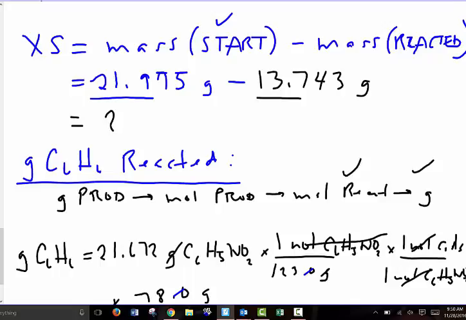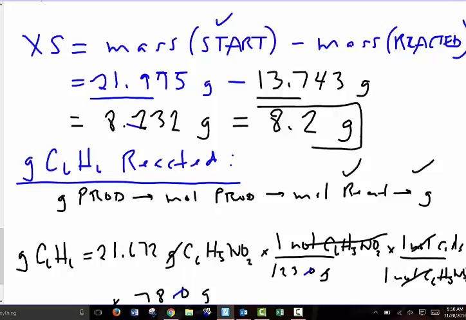Now let's think about our sig figs. This is subtraction, so we are going to round this to 1 decimal place. And so my answer is going to come out to be 8.2 grams because of the addition subtraction rule. So remember, my sig figs only allow 1 decimal place here in my answer.